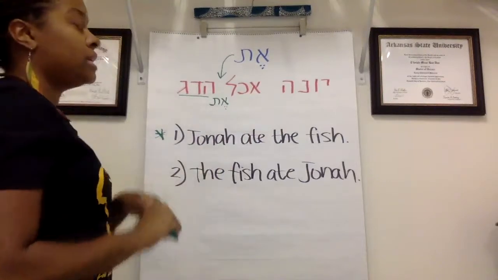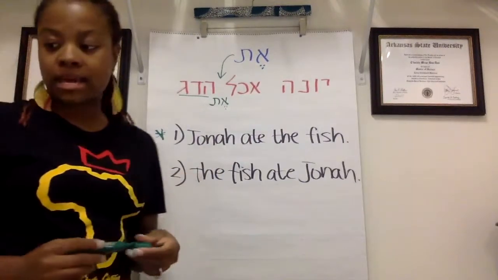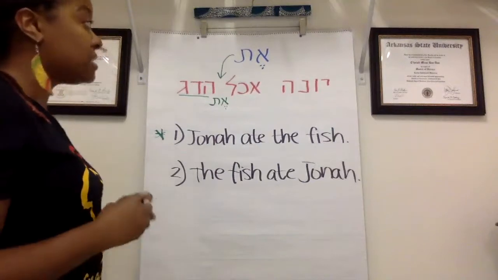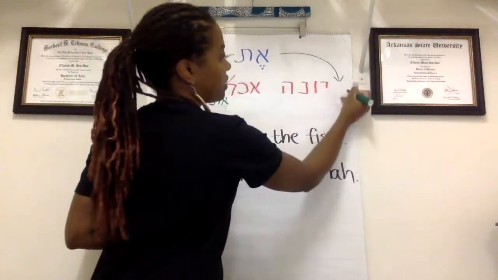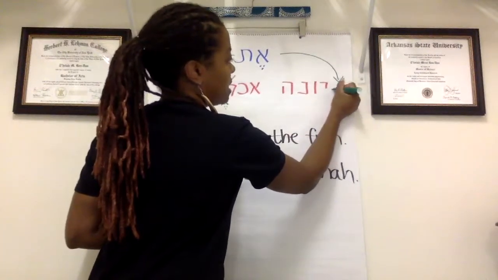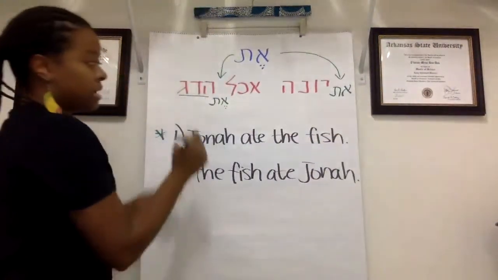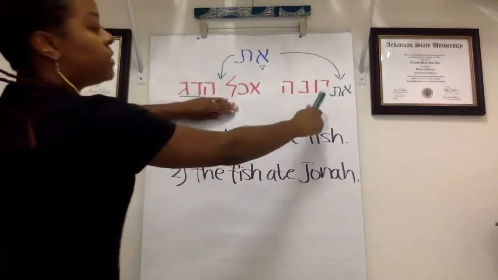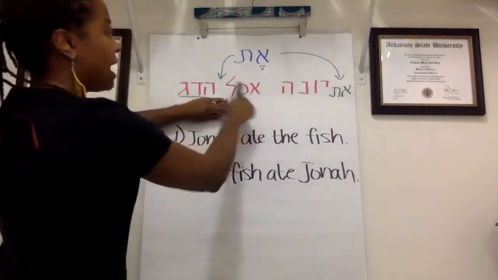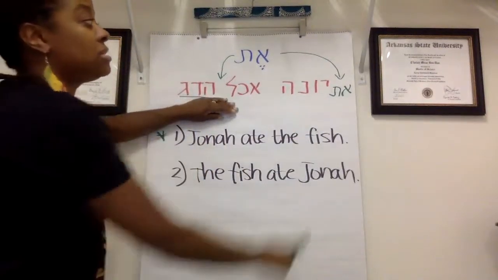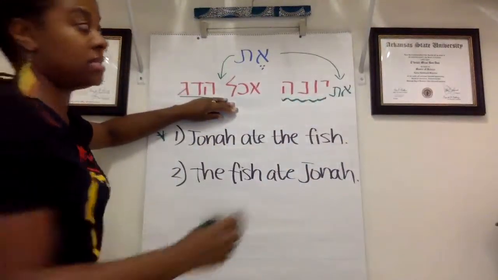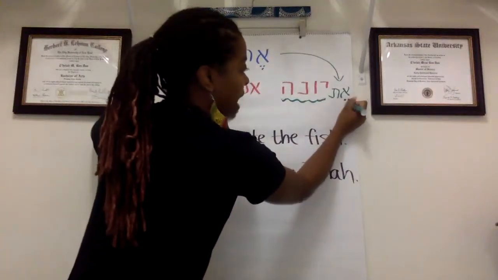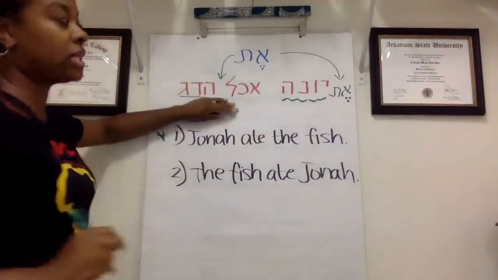Okay? Now, what if I wanted to say the second sentence? I could say the second sentence if I put the et here. Okay? If I put the et here and not in this spot, then we have et Yonah achal hadag, which means Jonah now is the object of the sentence because it's being marked by the et, which comes directly before it.